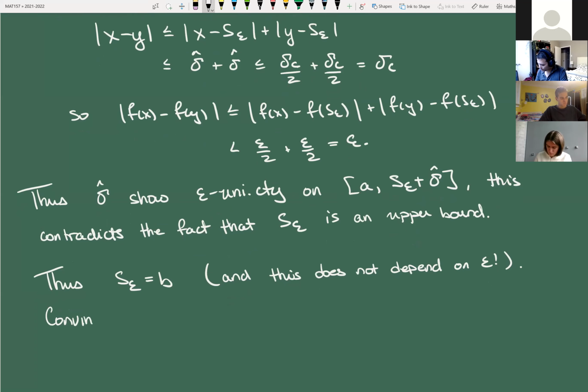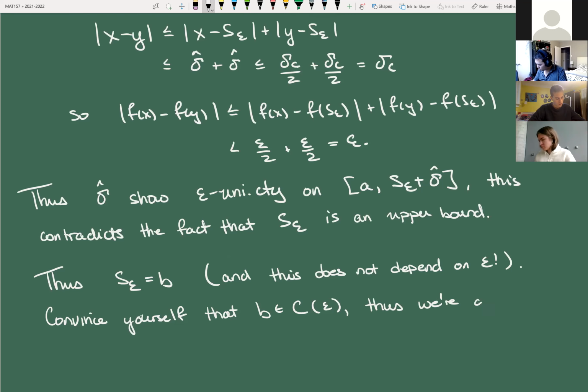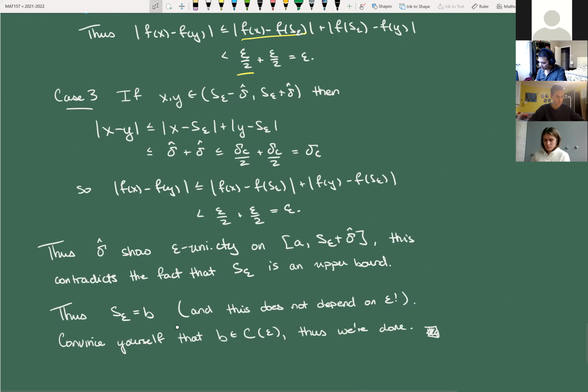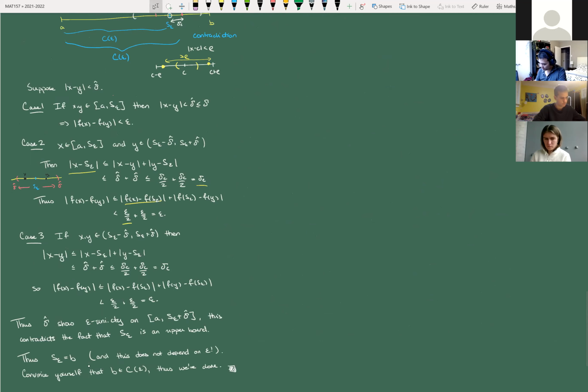I'm going to leave that part for you because there isn't anything to do. That b is in c epsilon. So it's not just the supremum, but it's actually in the set. And thus we're done. Okay. And so we've now proven that the function is uniformly continuous.